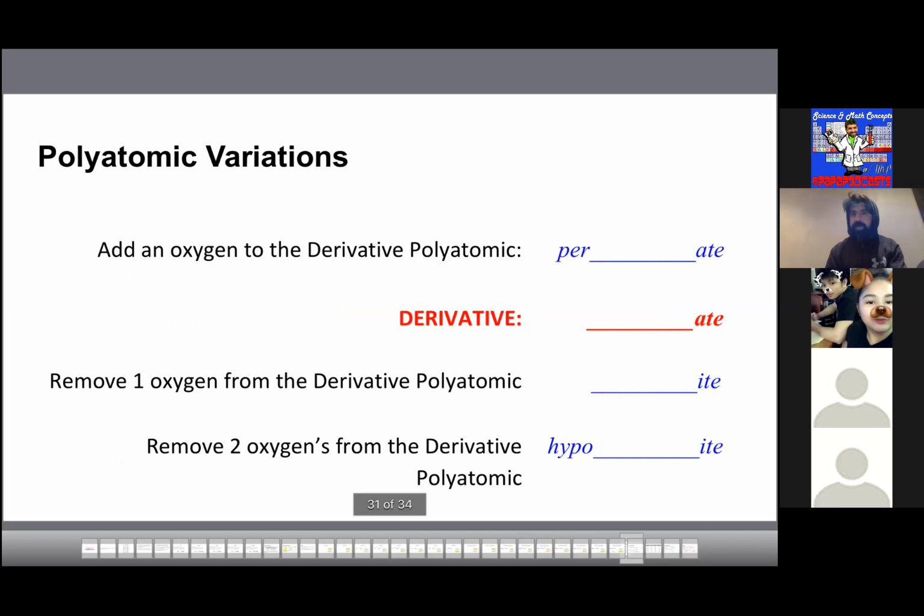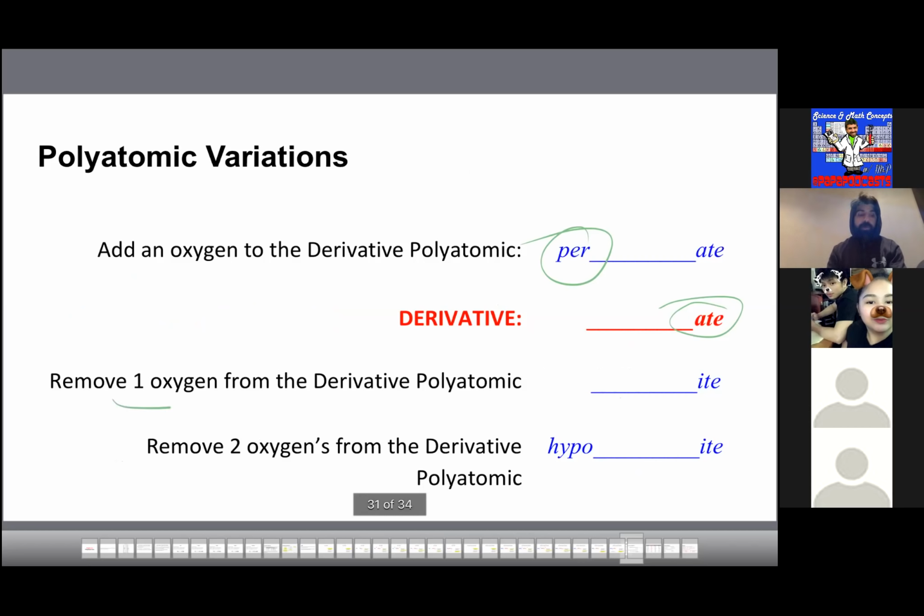That polyatomic variation that we were talking about, this is what we mean. The ending, the ATE ending, is for those standard polyatomics. If I add an oxygen to all of those formulas, we add per to that polyatomic name.